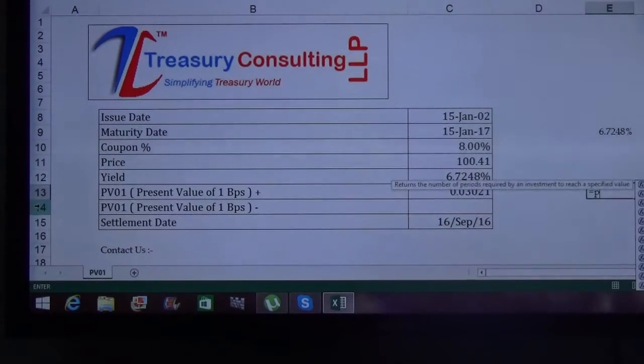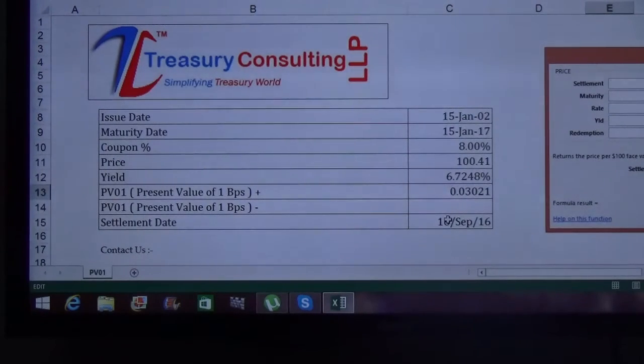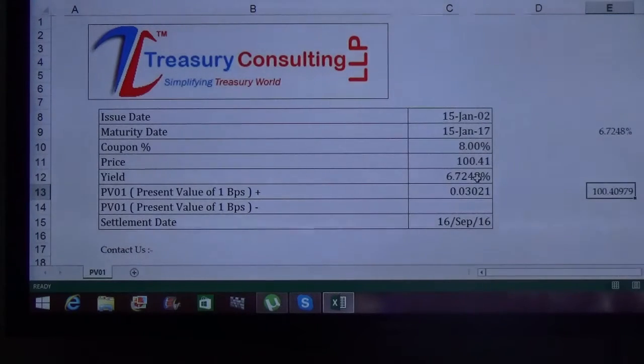I will use the formula PRICE, and I will say Control A. Now everything is known to you. Settlement date here, maturity here, rate 8, yield 6.7, redemption 100, and frequency we assumed 4, and then we assume basis 4, and then I wrote enter.